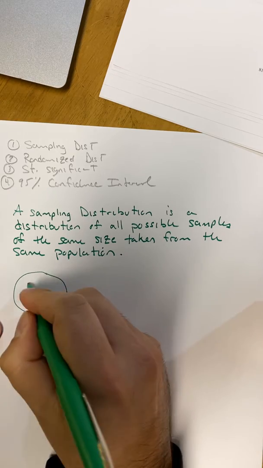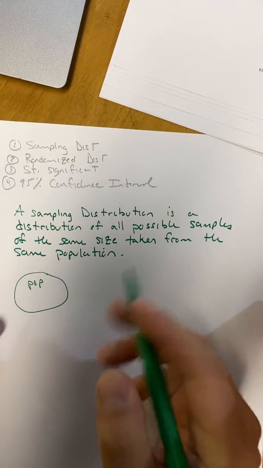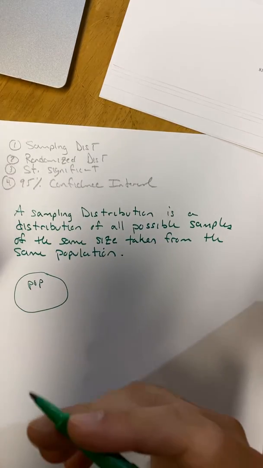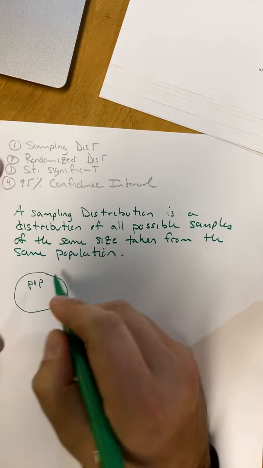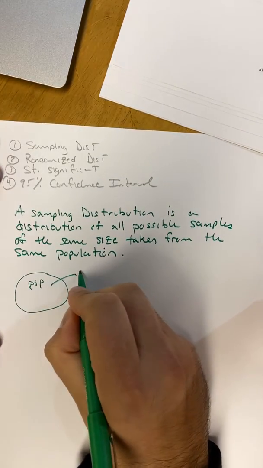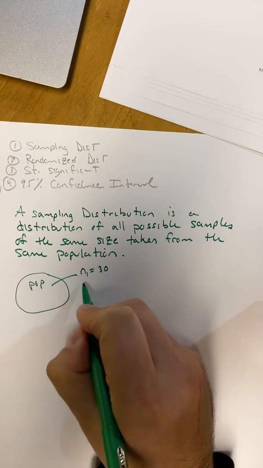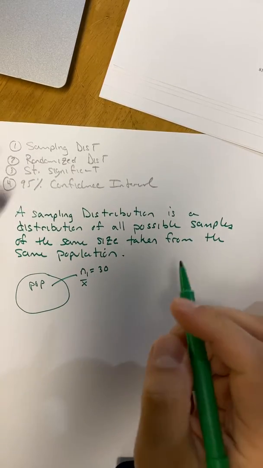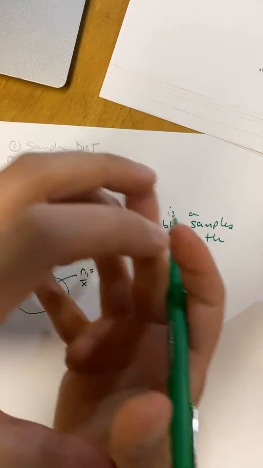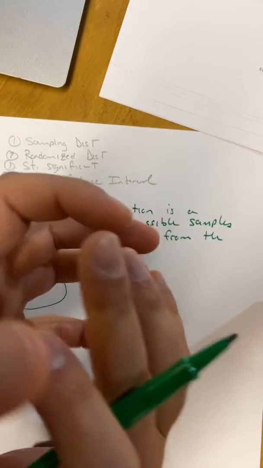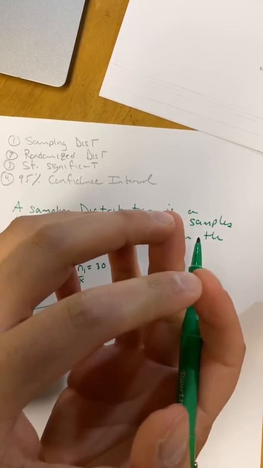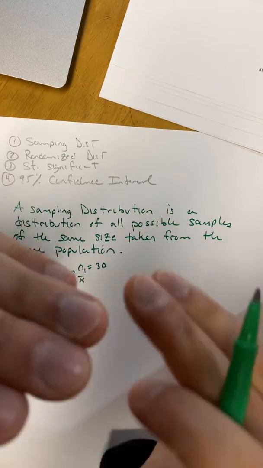Let's suppose you have a population and you want to take samples of size, I don't know, 30. So you take one sample of size 30, and depending on what you're looking for, maybe you want to find the average household income of those 30 people. So I randomly select 30 families from New York State, figure out how much these families are making, and then average that.